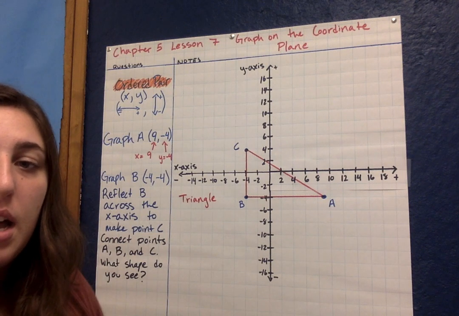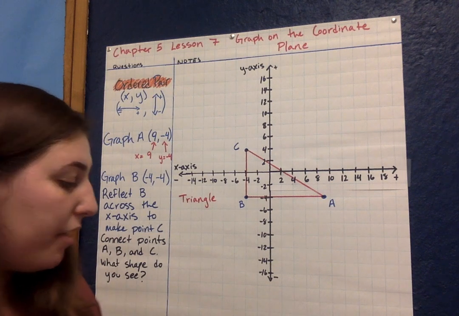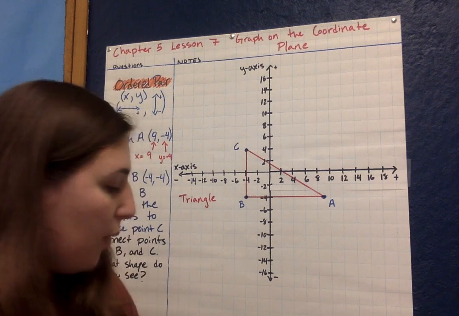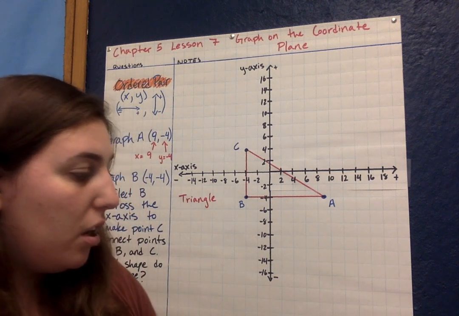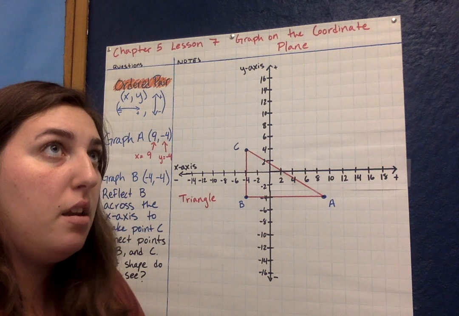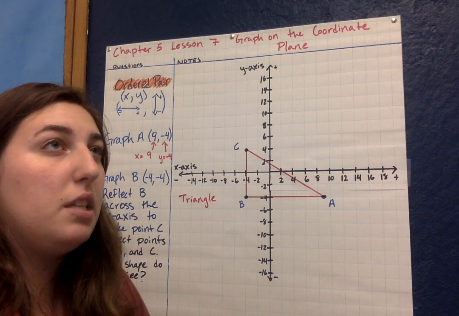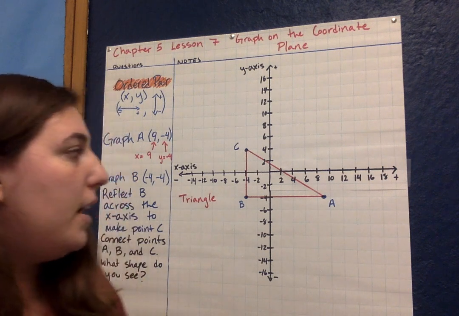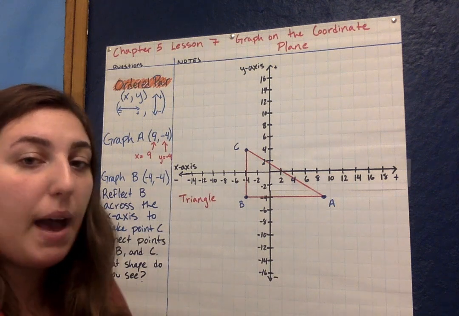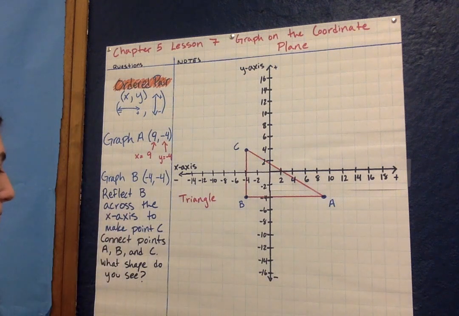All right, so now let's graph a couple other points, and we're going to connect this one to, it's either lesson 3 or 4, but we're going to connect it to absolute value, okay?